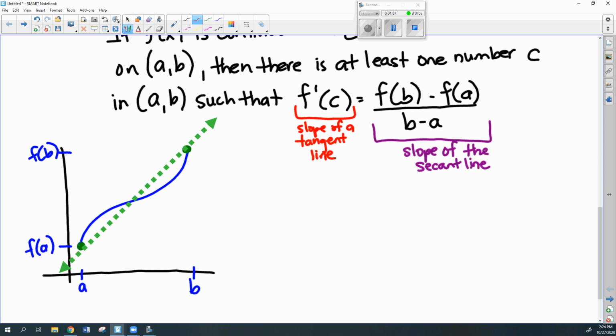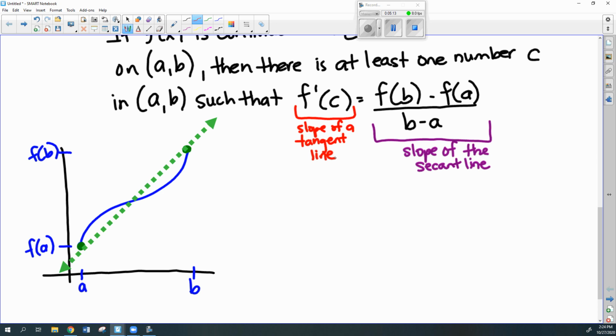So what would that look like on a picture? Well, in order for two slopes to be equal, the lines would have to be parallel.